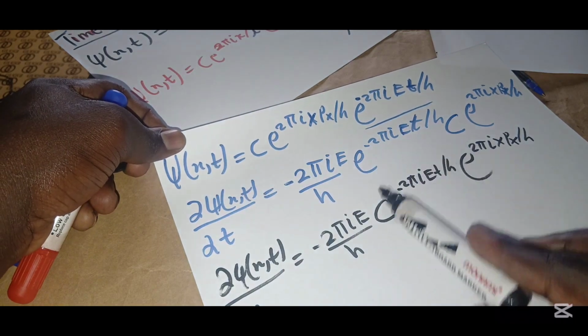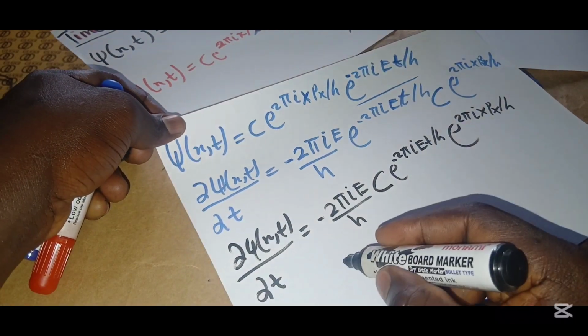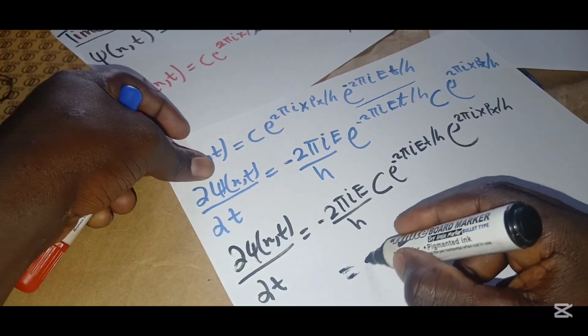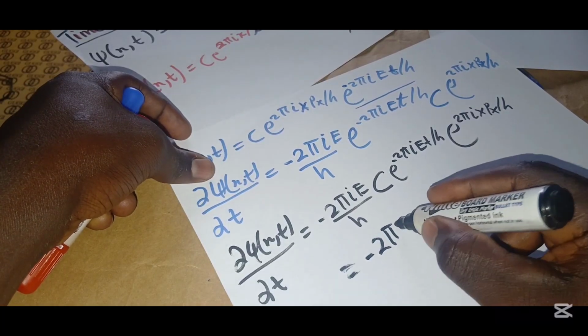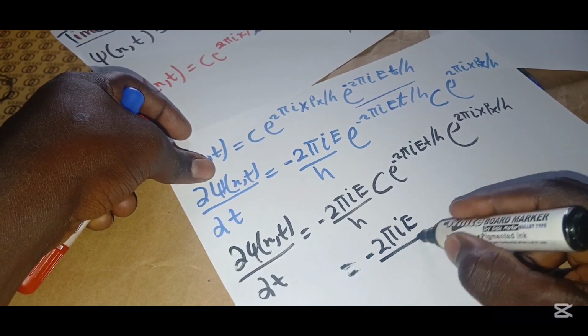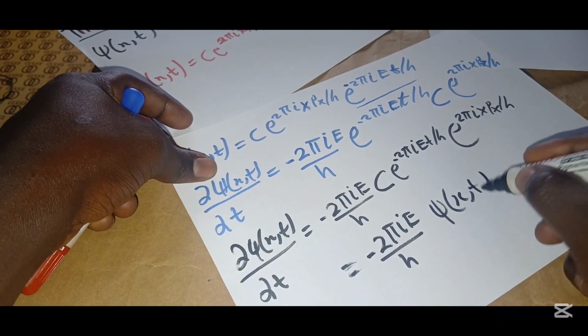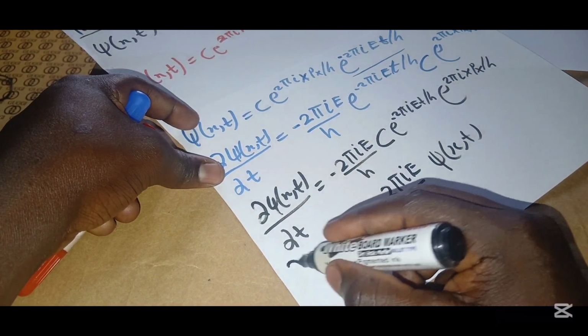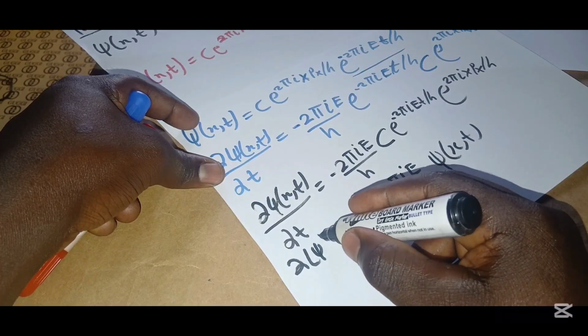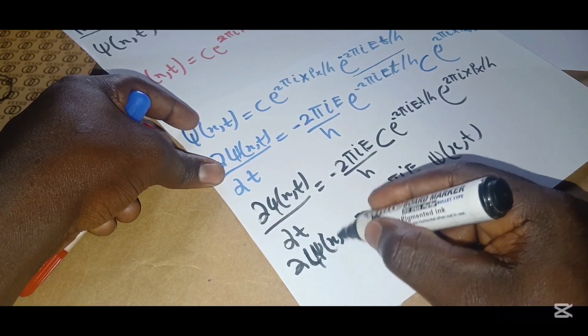We can replace this term with psi of x,t. This should give us minus 2 pi i E over h times the wave function psi(x,t). Don't forget, this is the derivative of the wave function with respect to time.